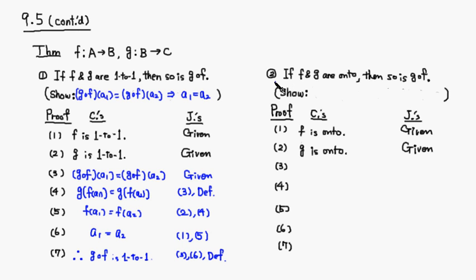Number 2: if f and g are both onto, then the composition g of f is also onto.